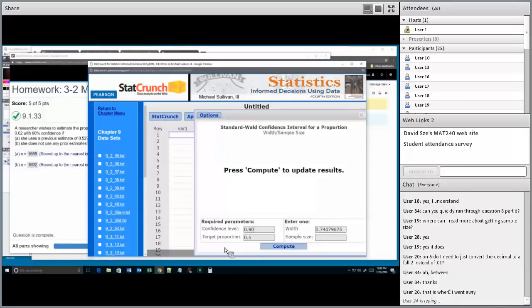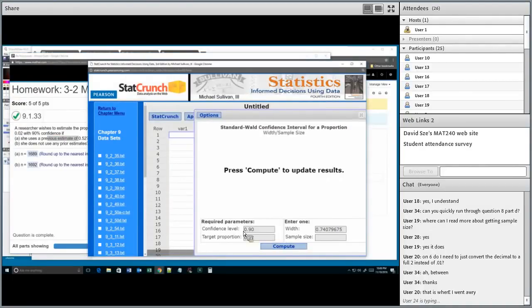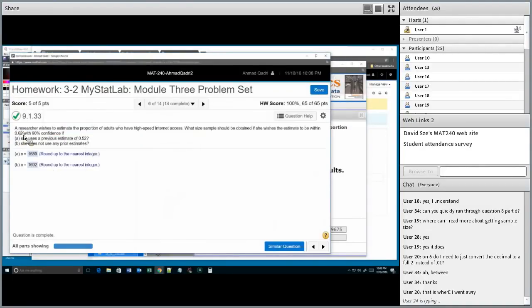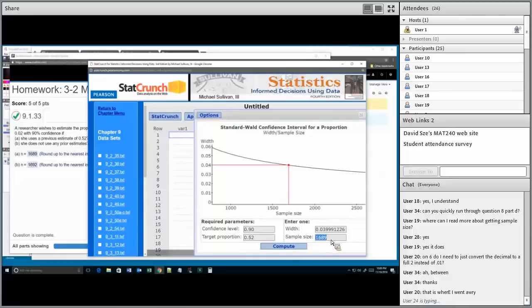My target proportion is 0.52. The width, margin of error, is 0.02. See, it says within 0.02. So my width is going to be 0.04, twice the margin of error. I hit compute and I get 1689.